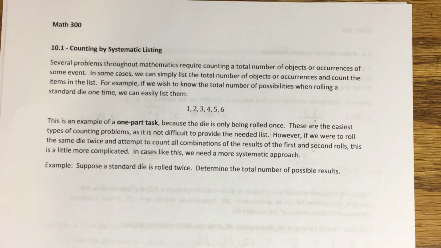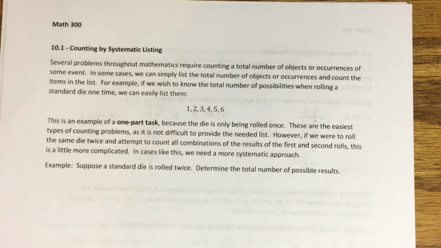Now, initially, when people first start learning about counting problems, oftentimes the question arises, well, why are we talking about this? I know how to count, right? That's like the first thing I learned how to do mathematically, is count. But the reason for this is because a lot of things are not as straightforward to count by simply enumerating them one by one.